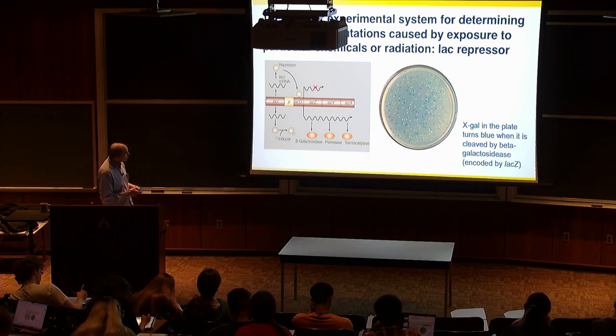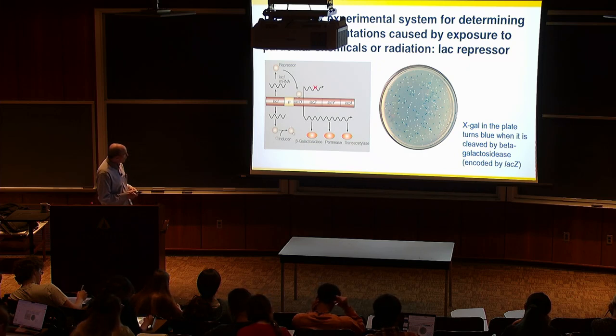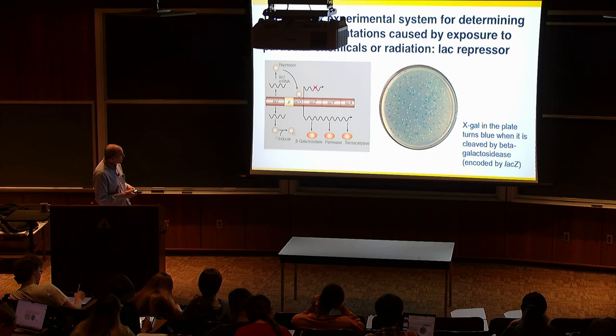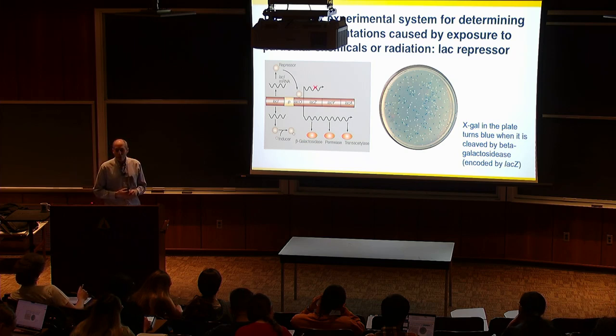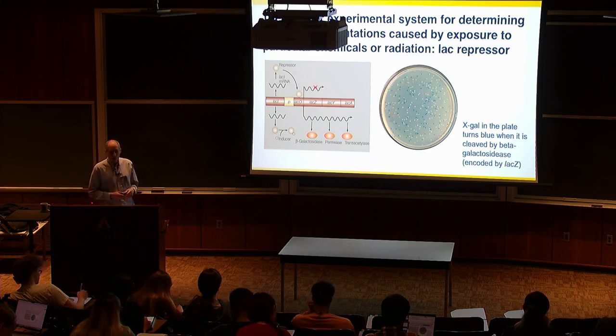But when lactose is present, it binds the repressor and changes its conformation so that it can no longer bind DNA, and transcription is initiated to produce the LAC-Z, LAC-Y, LAC-A gene products. And here they are, the 3 proteins. Now, one more piece of data. There's a chemical substrate called X-gal, which is colorless, and which you can just mix into the agar of your plate.